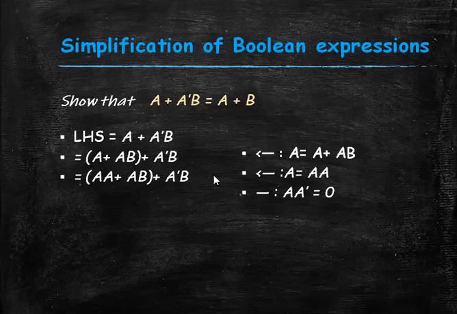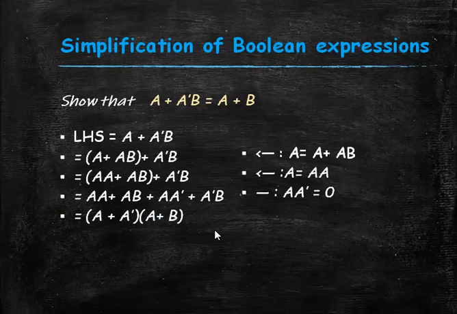We add a 0 here, then we get A or AB or A bar or A bar B. These four terms can be expressed as the product of these two, that is A or A bar and A or B.